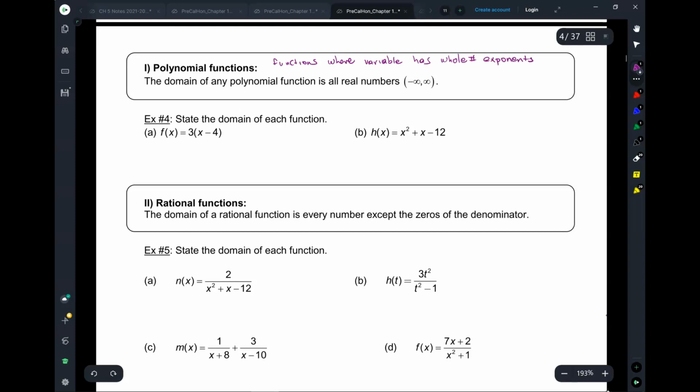Whole number meaning 0, 1, 2, 3, 4, okay? So any of these basically. So here we go. For polynomial functions, the domain is always all real numbers.